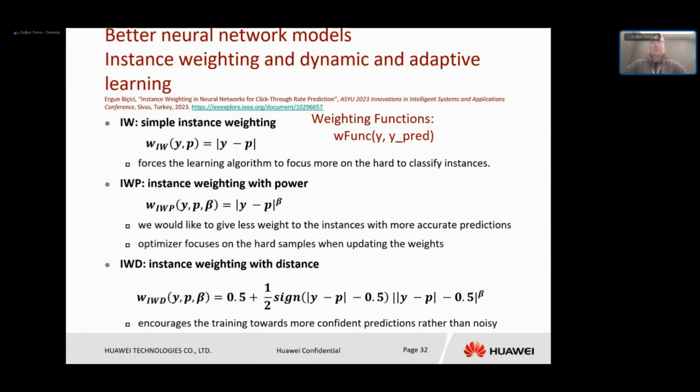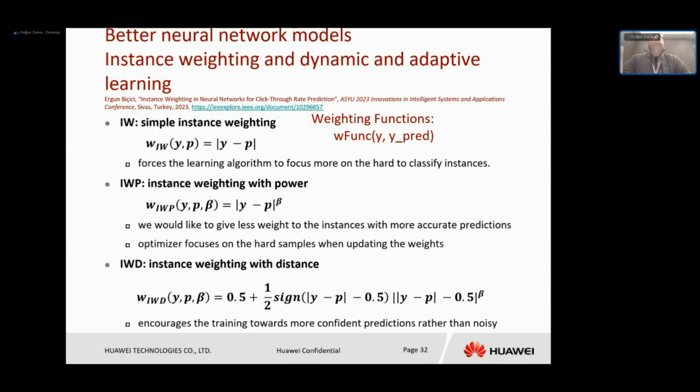Instance weighting with distance, the third model, uses the distance from 0.5. At the initial phases of the learning, the training models tend to produce prediction outputs that are close to 0.5, because we have predictions from 0 to 1. Giving predictions close to 0.5 is a safe prediction, but they are also noisy, and we want to incentivize the model to give predictions that are distant from 0.5.